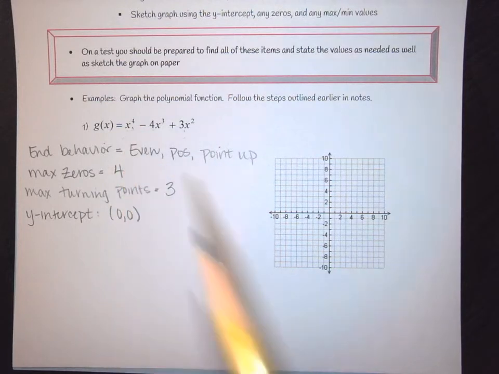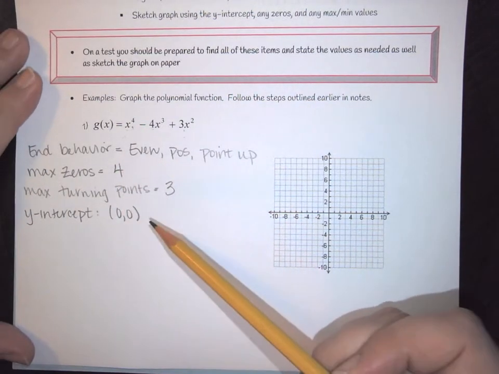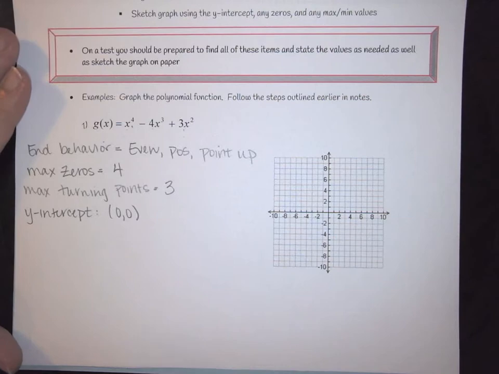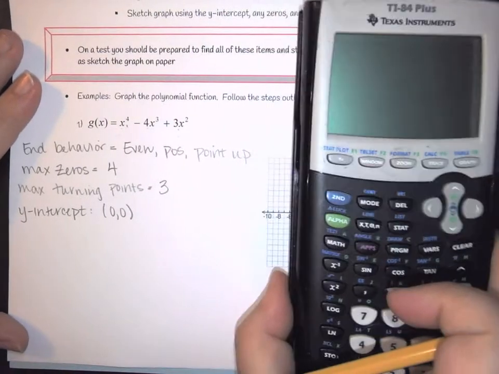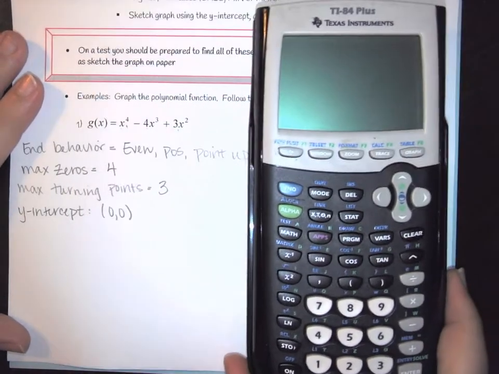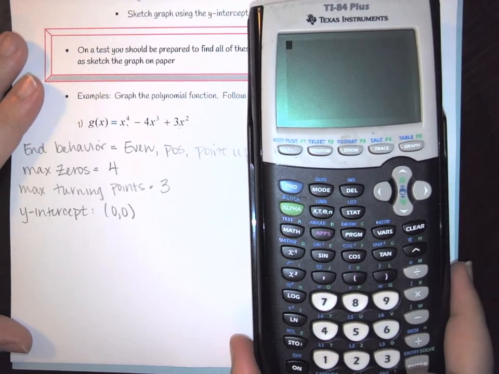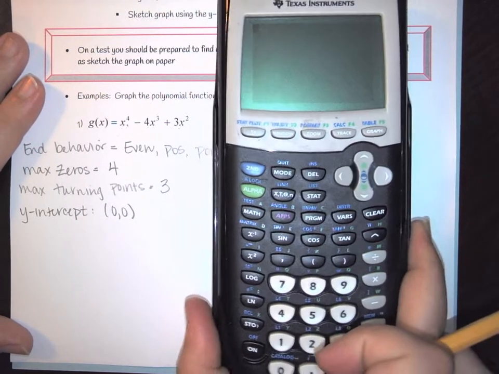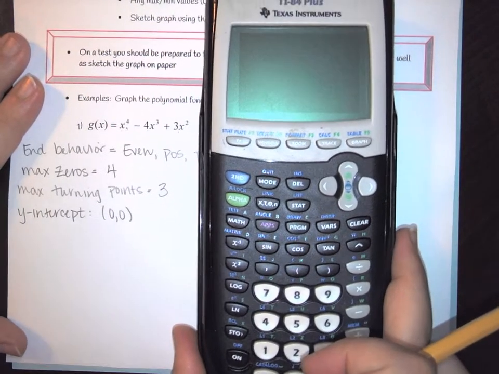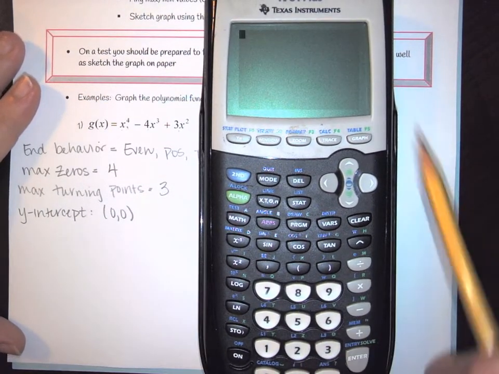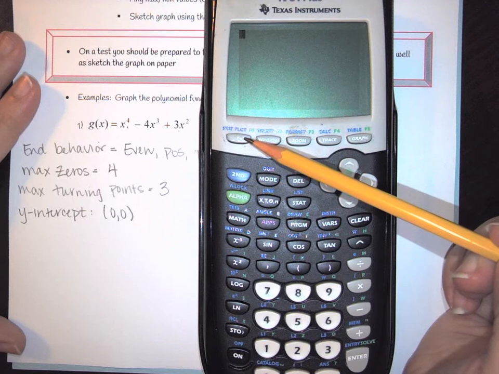Now, once you get to this point, you can pull out your graphing calculator. Now the one that I have is the TI-84 Plus. So if yours is different than mine, of course doing this is going to be slightly different. So here, when you want to graph, you need to go to this button that says y equals.